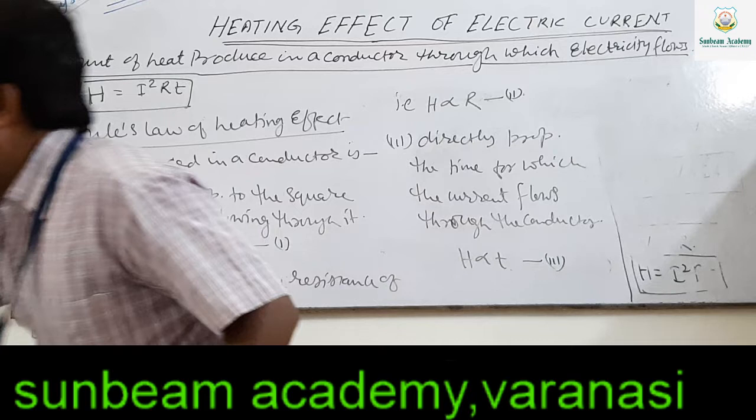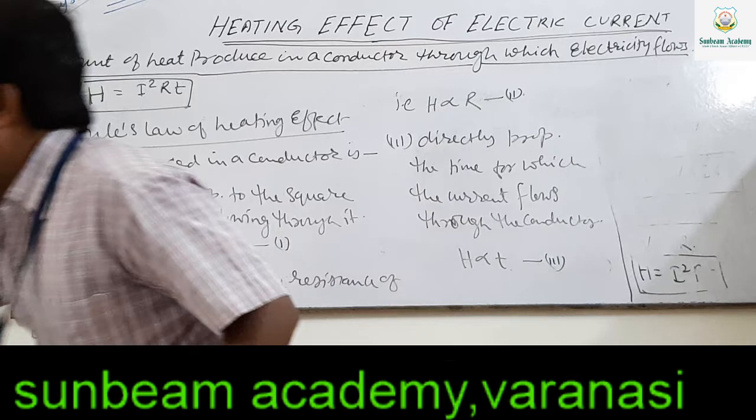Now children, practical applications of Joule's law of heating effect. You have seen at your home, you are using electric iron, geyser, room heater, in which the coils of these instruments are made up of an alloy called nichrome.